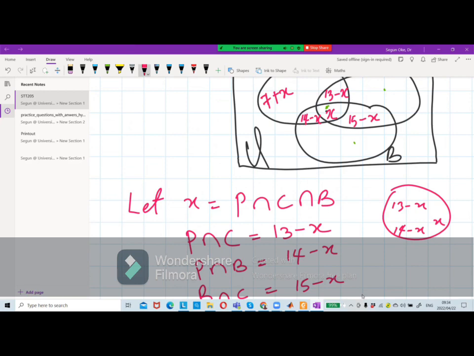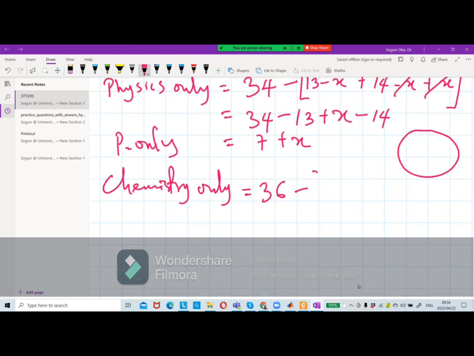We have 13 minus x, we have x and 15 minus x. So these are the elements inside. So we have 13 minus x plus 15 minus x plus x. So this cancels this.